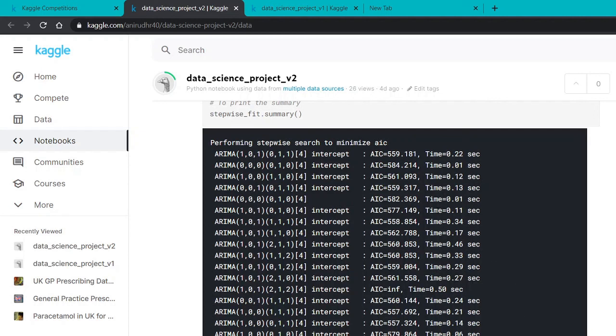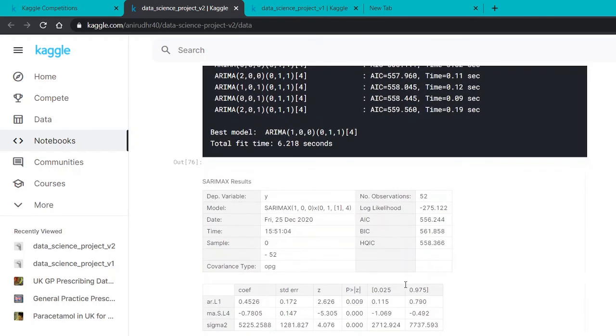Basically, AIC and BIC are combinations of negative log likelihoods. So the goal would be to decrease the value of AIC and BIC over time. It would choose the model which has the least amount of AIC and BIC.